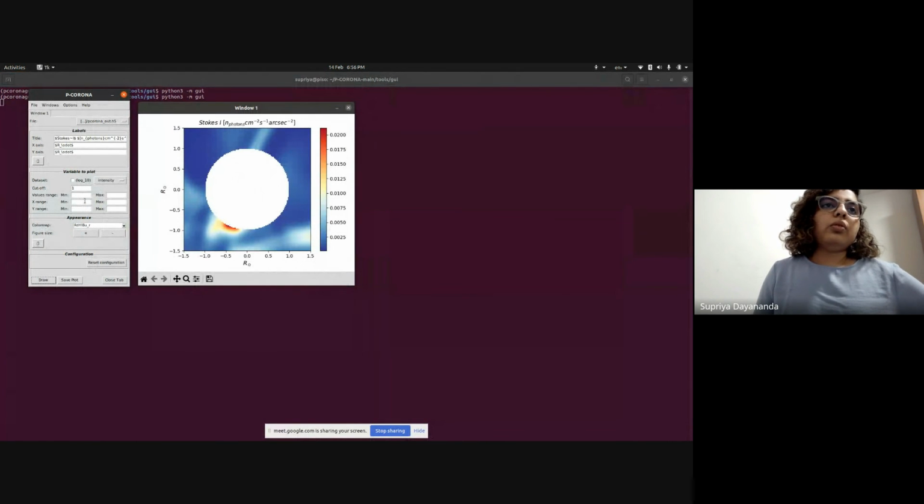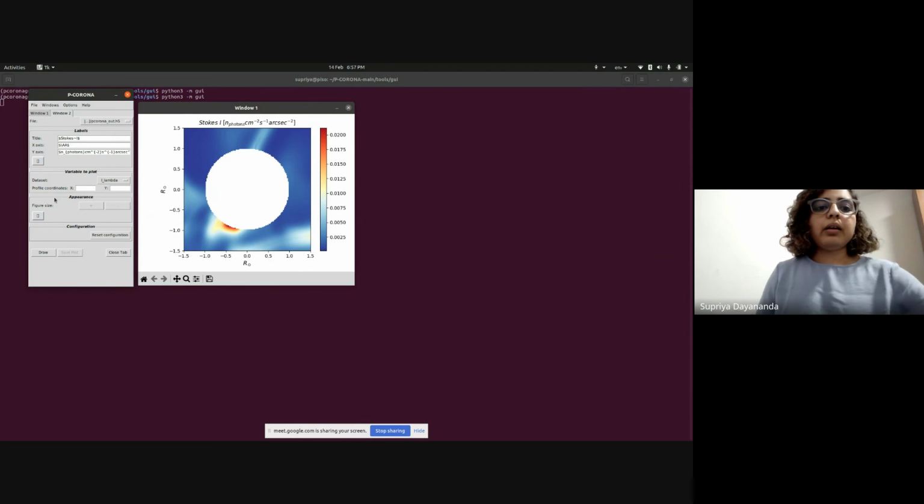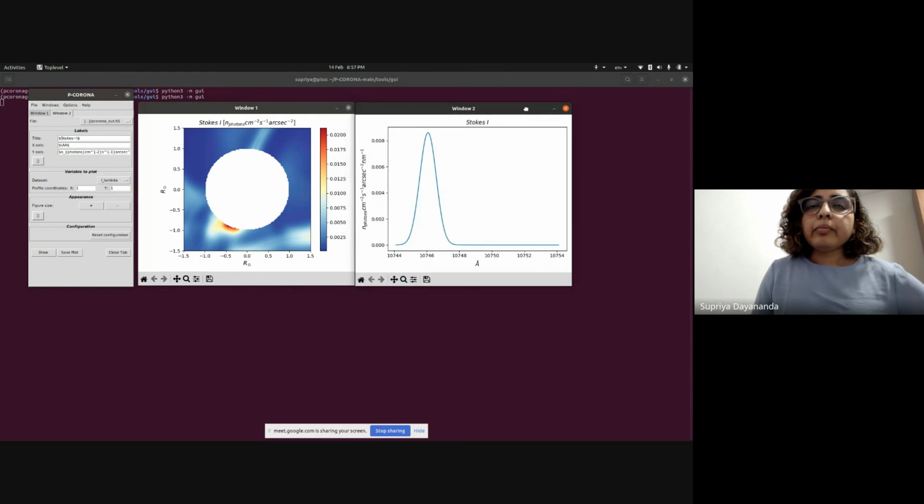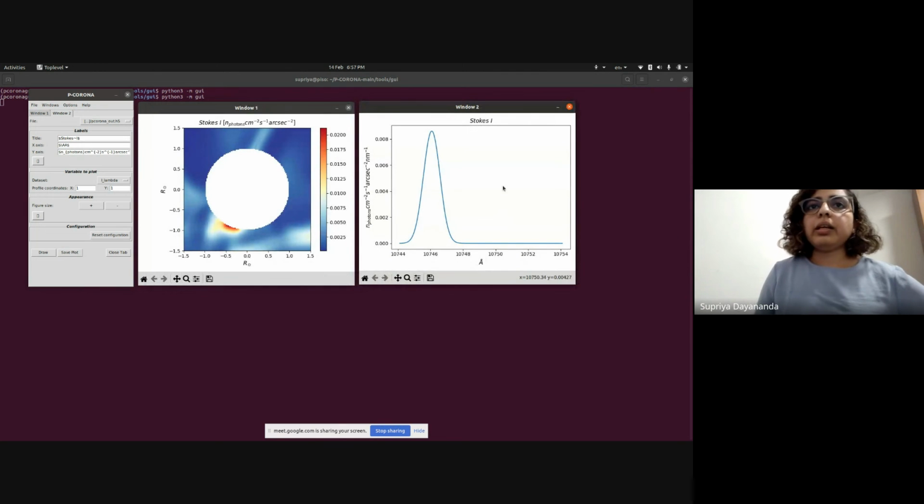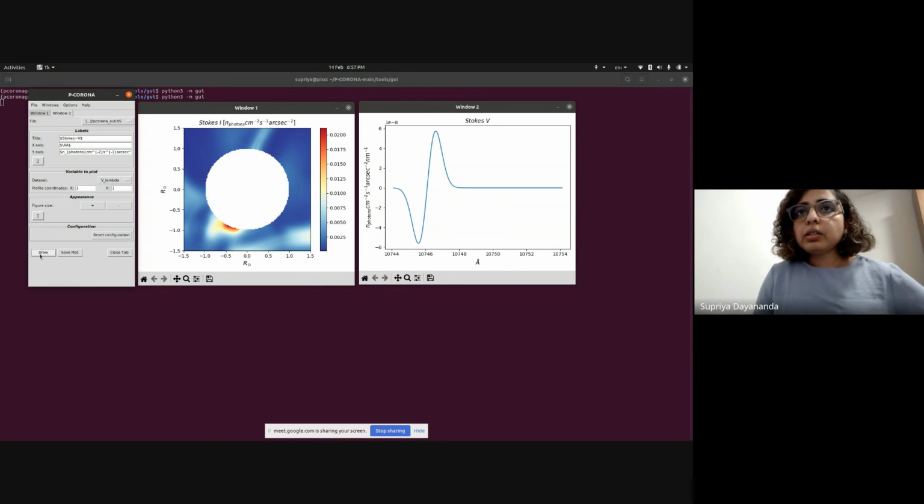You can do a lot of things using this GUI just to understand the results that you have obtained in a better way. Zoom in on a specific region and see how your results look. Or for the profiles, if you want to look at how the profiles look, say, for example, the Stokes I at X and Y1, then it should give you that, or Stokes V for that particular region.